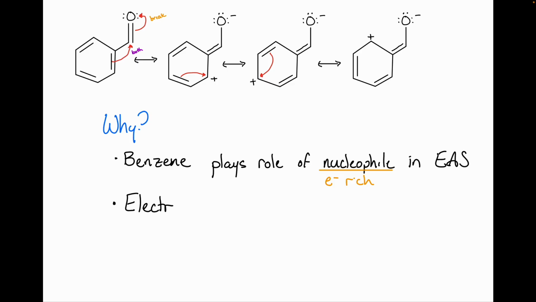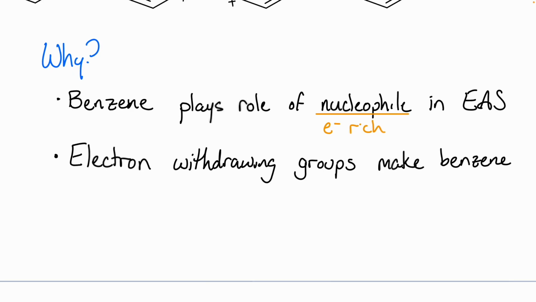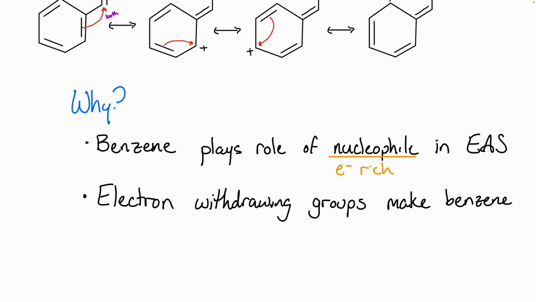These electron withdrawing groups are going to make benzene, what do we think, a better or a worse nucleophile? A worse nucleophile, because now they're taking electron density out of that ring. So these electron withdrawing groups actually react slower than benzene does. They take electron density away from the ring, making benzene a worse nucleophile.